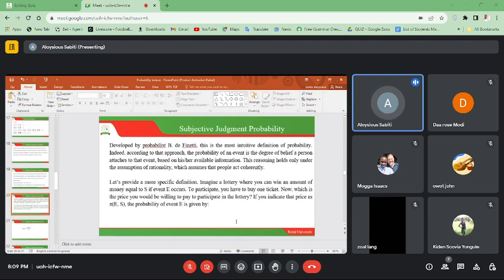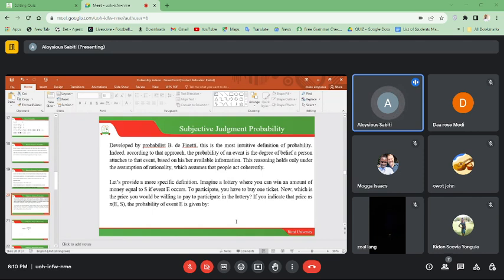This reasoning holds only under the assumption of rationality, which assumes that people act coherently. So this particular approach only looks at the belief of the person, but the belief of the person is not independent. It is based on the events or the information that the person has.